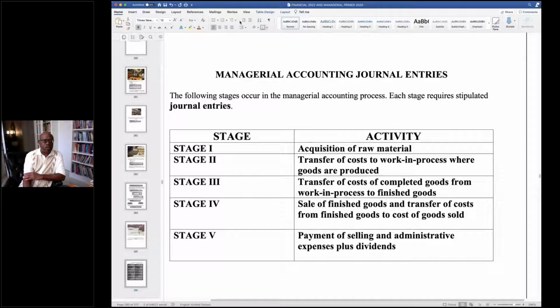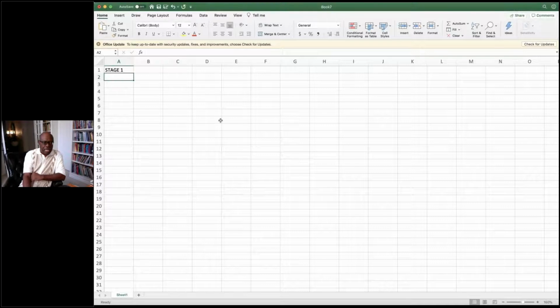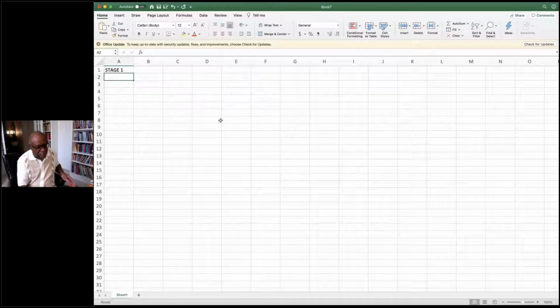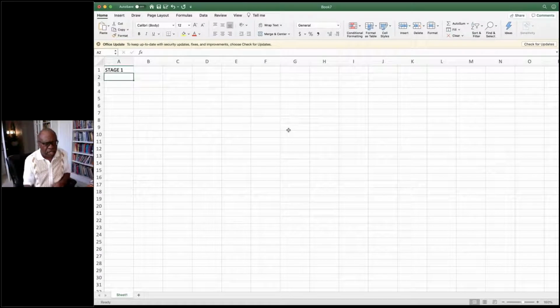So we have stage one, which is the acquisition of the raw materials. Let's see if we can work from a blank sheet here to look at the journal entries that we're going to make. Stage one is the stage for the acquisition of raw materials.